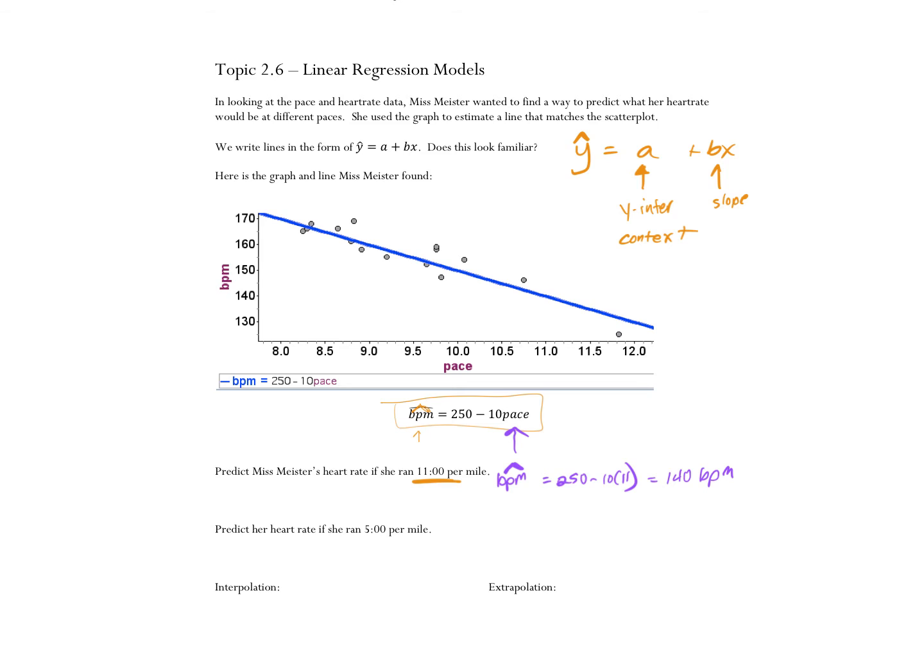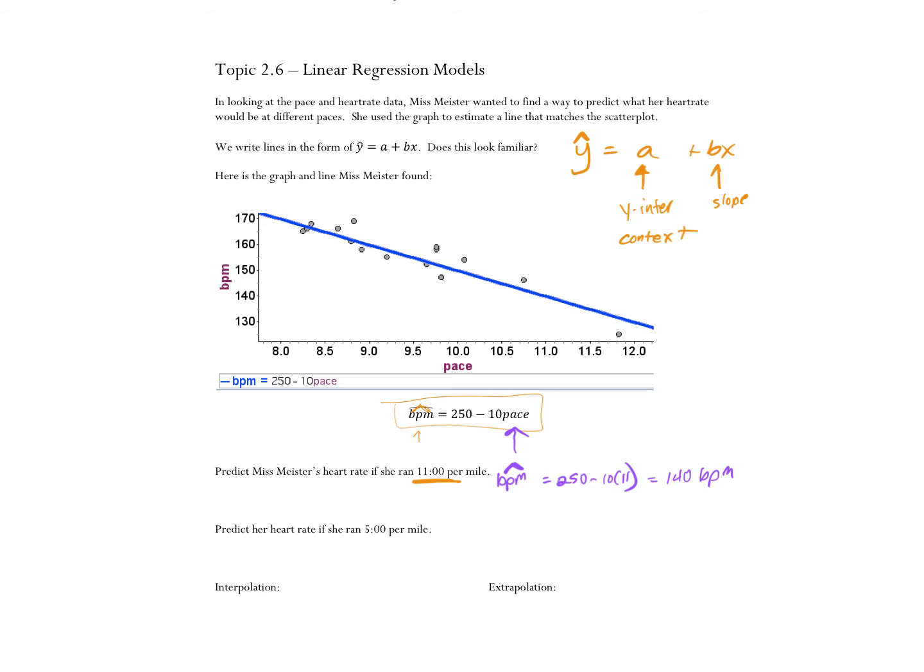Do we have a point that says my pulse was 140 when I was running 11-minute miles? No, it's a predicted value. It's a predicted point, not an actual point. The hat makes the distinction between what is predicted versus what actually happened. And that's why we need it. How are we feeling about making predictions?